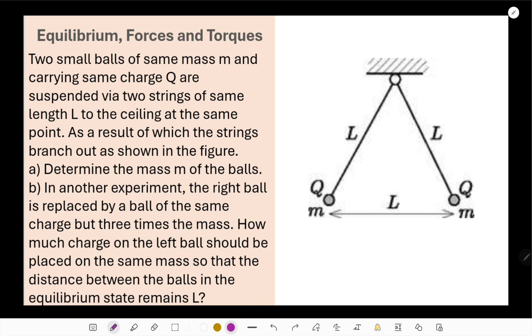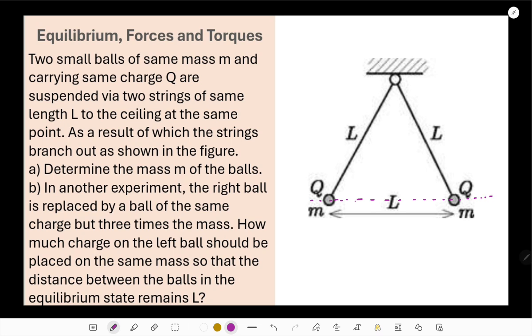Same mass, same charge. One thing I would like to notice here is that the masses of the strings are negligible, unless provided as information.